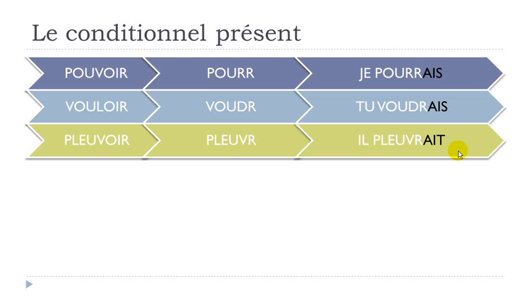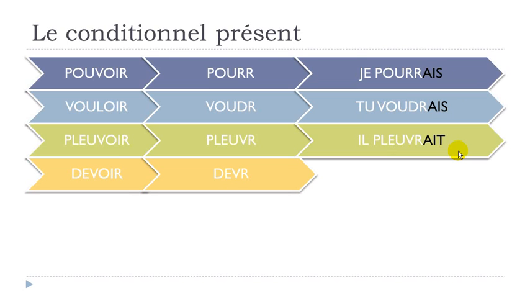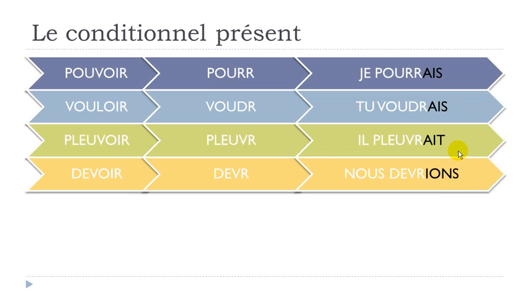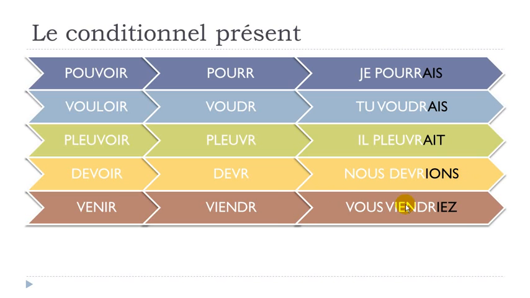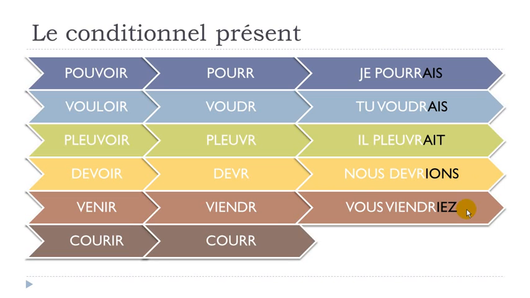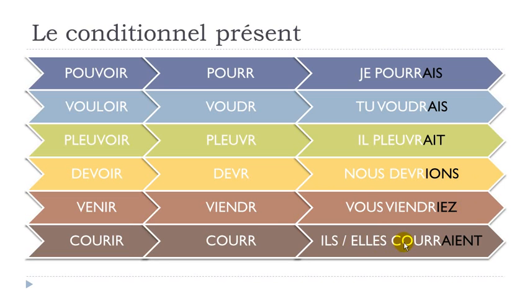Il pleuvrait. Devoir will become devr. Nous devrions. Venir will become viendr. Vous viendriez. Courir will become courr. Il courrait, elle courrait.